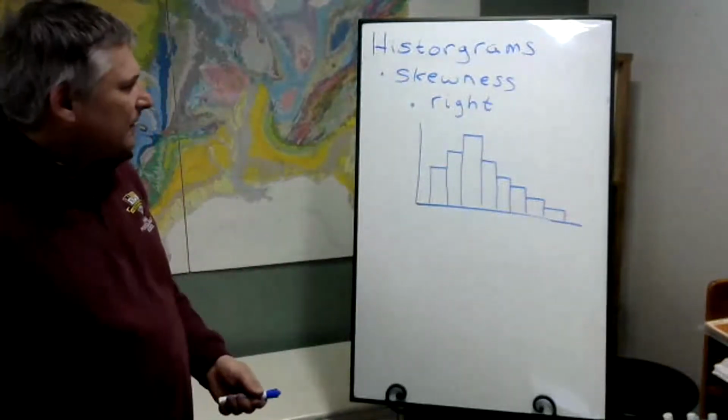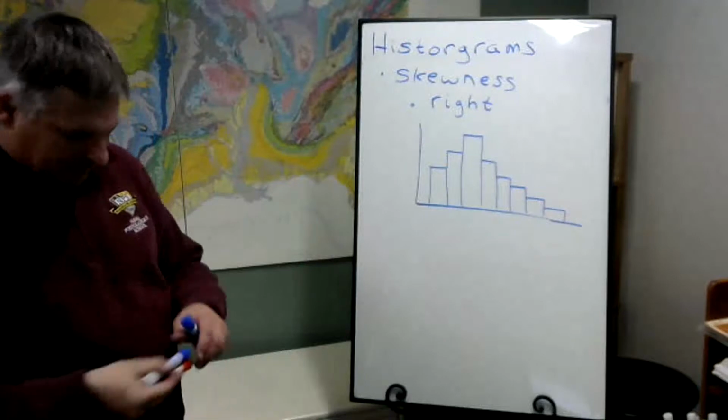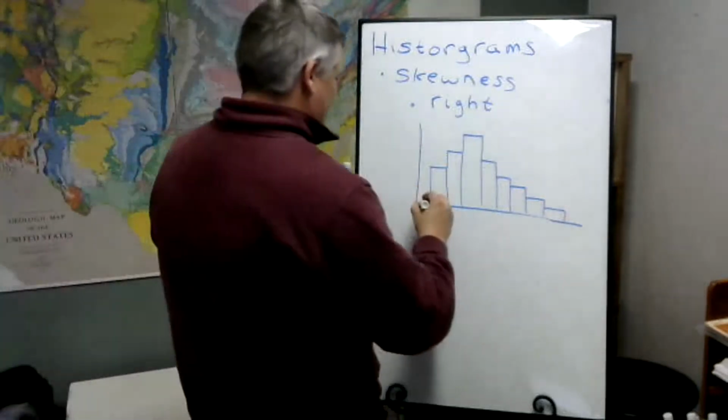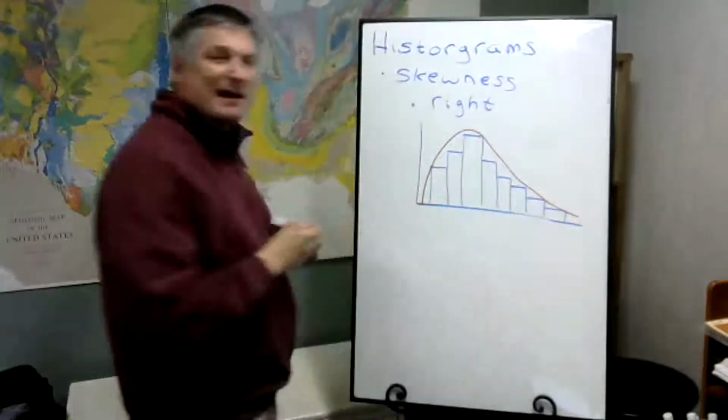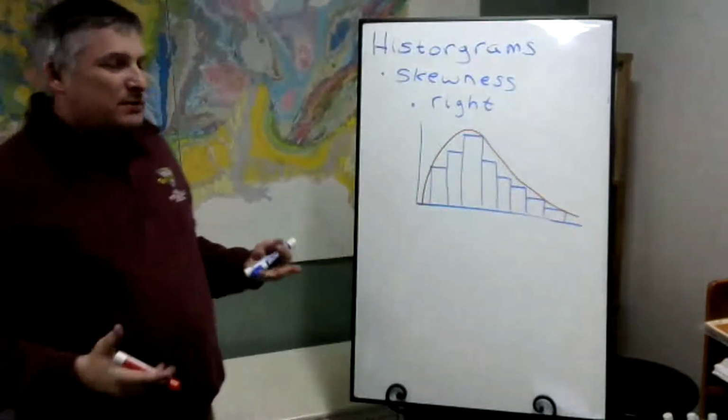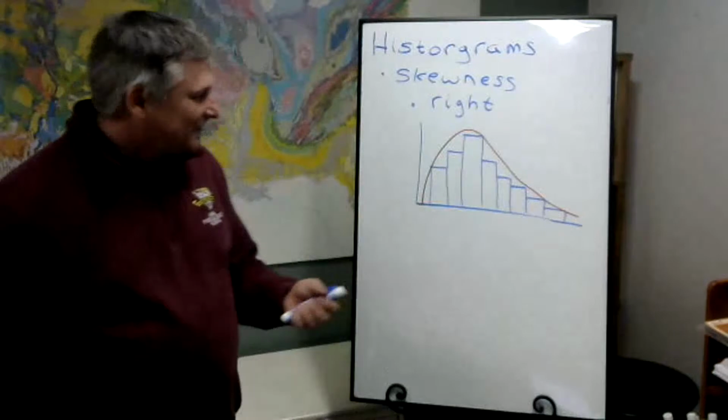And so this is a shape kind of like that. So that's what we mean by skewed to the right.